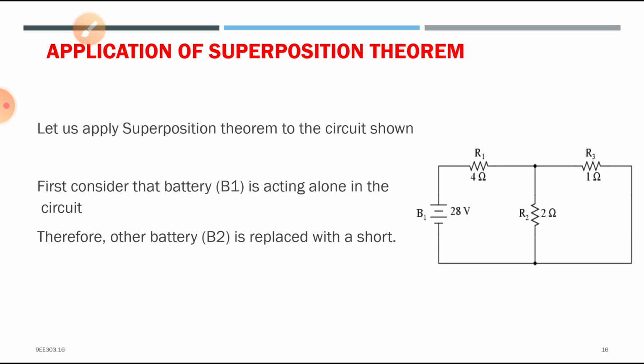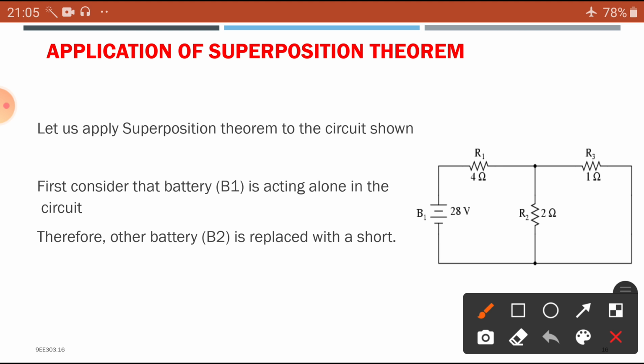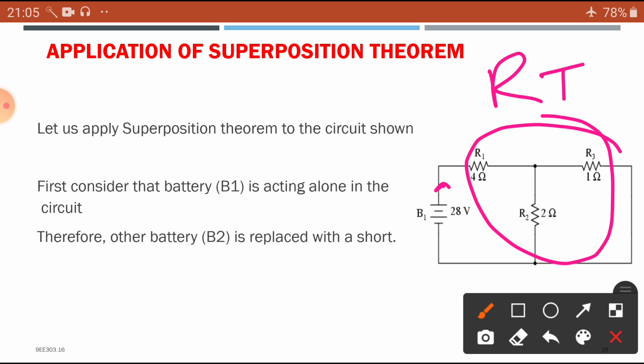Those are the steps. First, calculate the total resistance RT, because I require it to find the current. Both resistors are connected in parallel and that combination is connected in series, so I am going to get the total resistance.